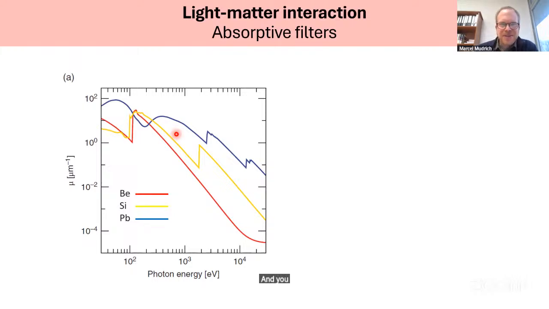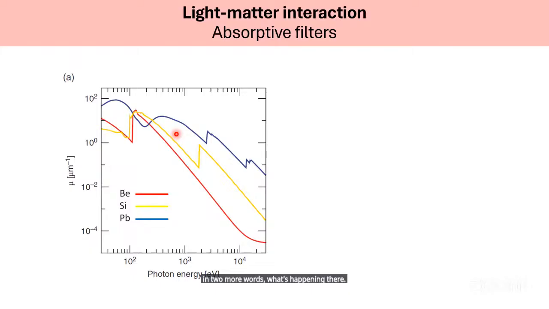You were right, these are absorption edges, but can you explain in a few more words what's happening there? Basically, we are exciting core levels for different materials at different photon energy.